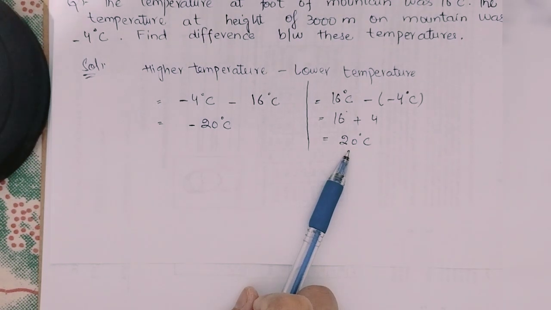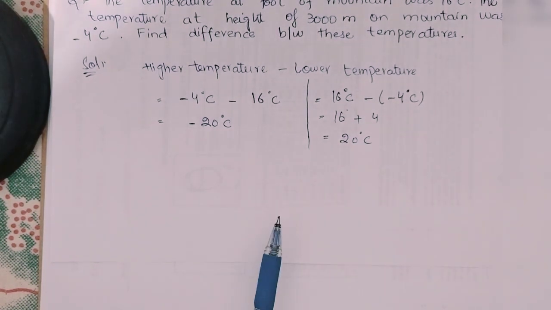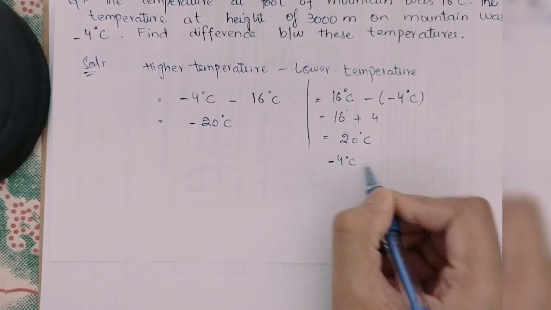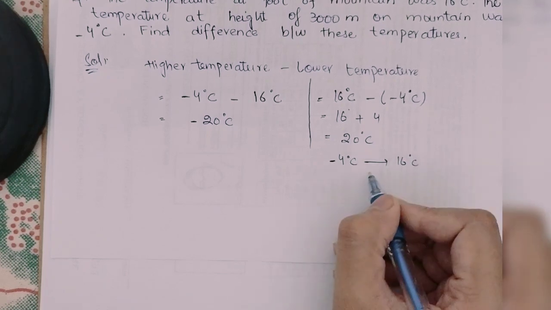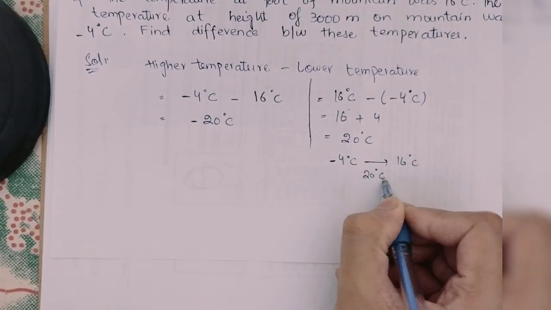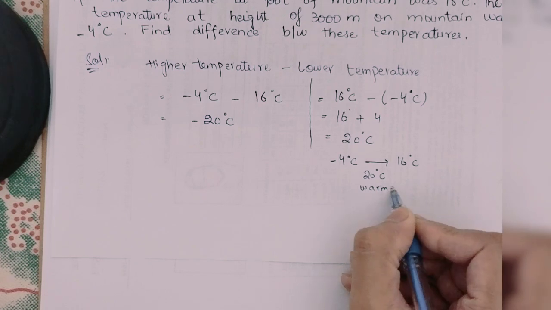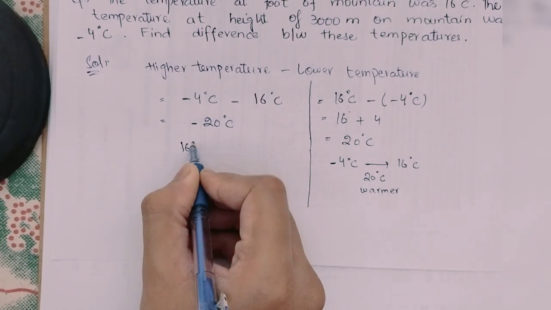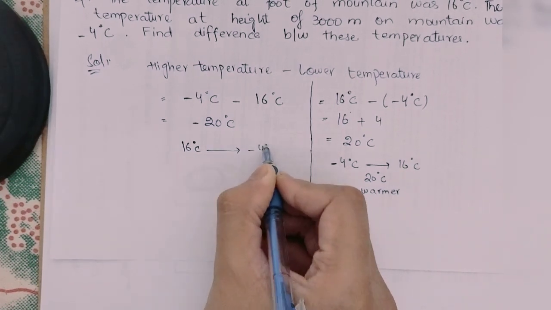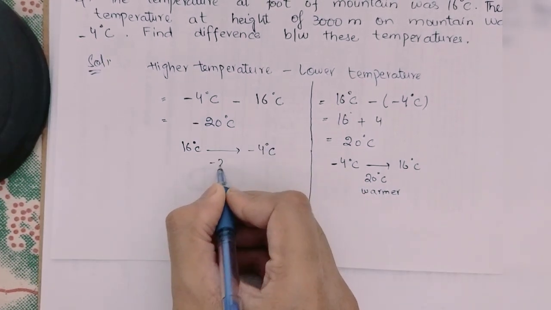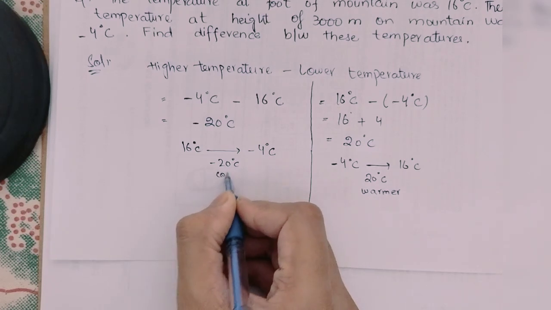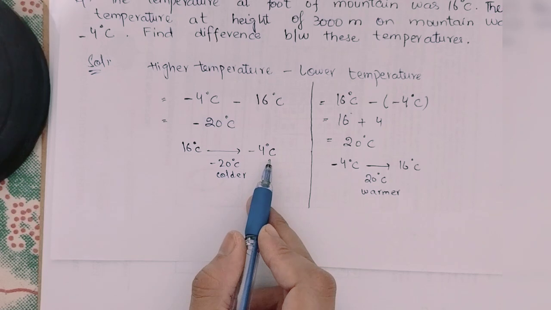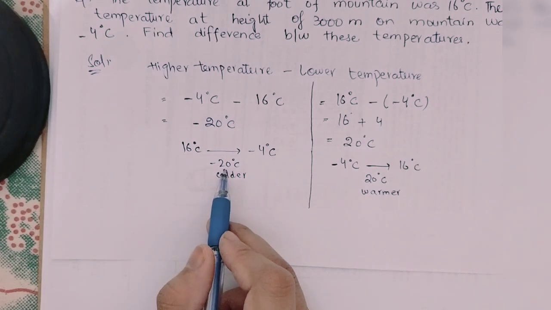You can say it is from minus 4 degrees Celsius to 16 degrees Celsius, how much temperature change? 20 degrees warmer, because it is positive. But if you go from 16 degrees Celsius to negative 4 degrees Celsius, the change is minus 20 degrees, colder.